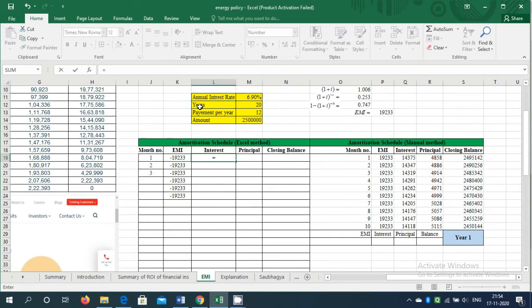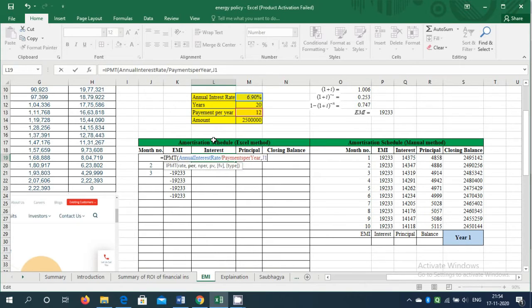For interest calculation, there is again one predefined function over there, IPMT. Then the annual interest rate is this one, divided by payments per year. Then after this one, that is J19.